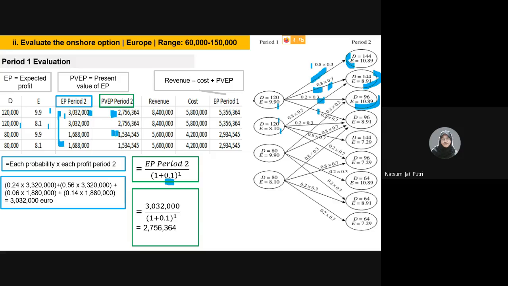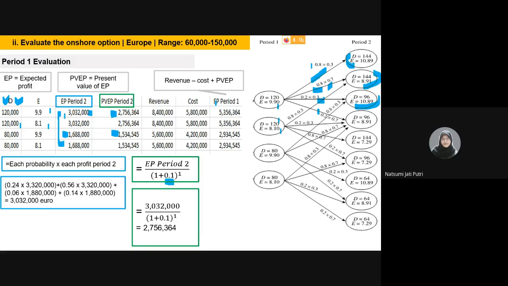And for the value here, also the same, 1,688,000 euro divided by 1 plus 0.1 squared by 1. And for the revenue, also the same, the demand times the price. And for the cost, also the same, fixed cost plus variable cost times the demand here.